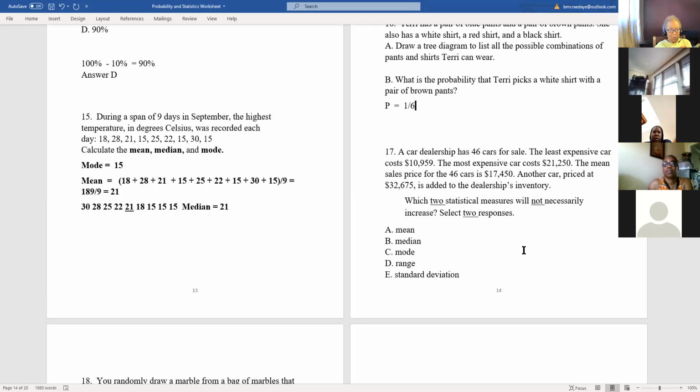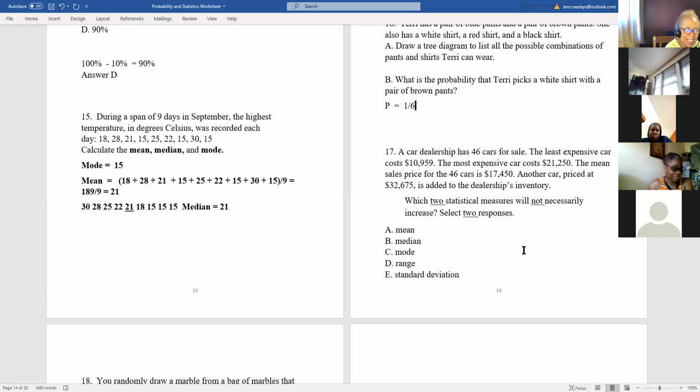I said the mode and the range. Probably wrong. You got part of it right. What would you say, Vanessa? The standard deviation.